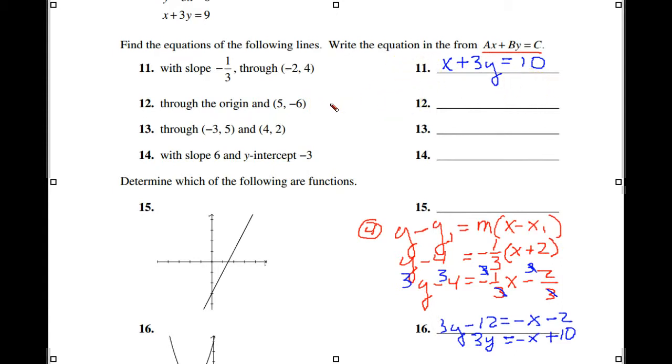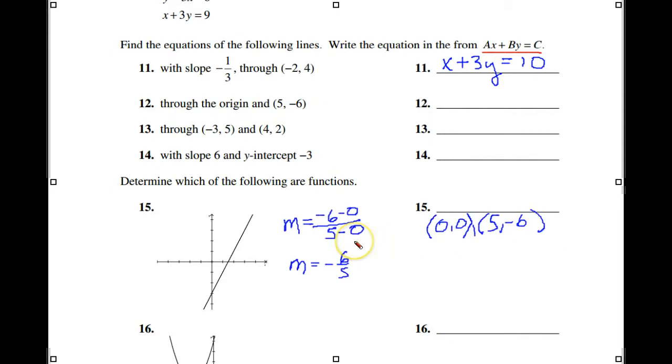So let's do number 12. What information are they giving me here? Well, it says it's going through the origin, and the origin is (0, 0), and my other point is (5, negative 6). So with those 2 points, I can find the slope, and I have the formula right there. Notice this then becomes a negative 6 over 5.